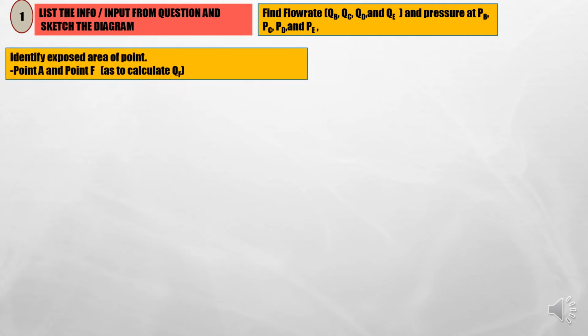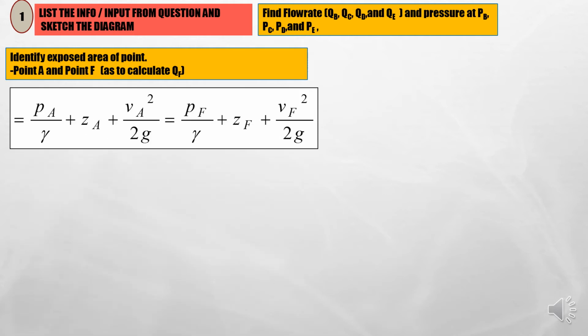From the identification of the exposed points, point A and point F, we can cancel out a few terms from Bernoulli's equation. This is the Bernoulli's equation for this question, in which I label the points as point A and point F.